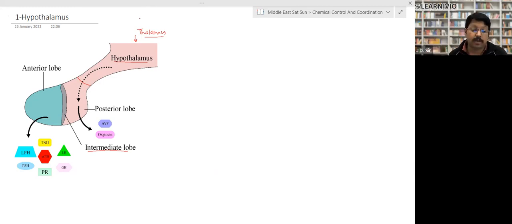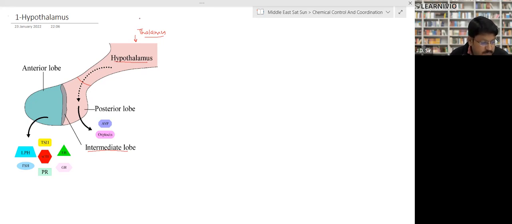Thalamus is part of the brain and pituitary is part of chemical coordination. It provides connection between the nervous and endocrine system.